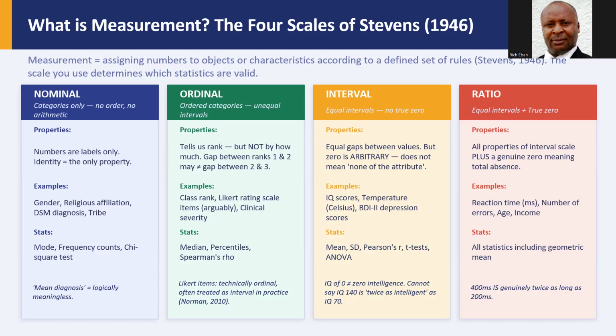Think of class ranking. If 3 students ranked first, second, and third in their class test, you know who came first, but you do not know whether the gap between first and second is the same as the gap between second and third place. Let's take, for instance, 3 students in a class who may score first, second, and third.